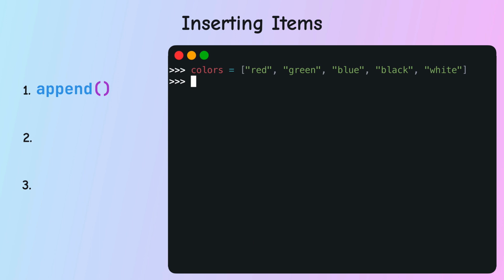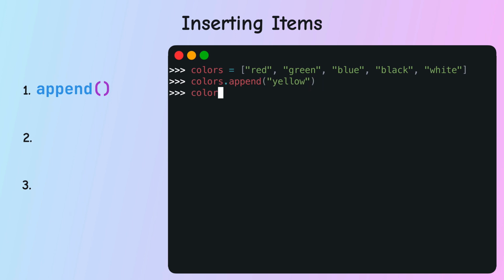In this case, append method is some functionality inside the list structure which helps us to add items to it. To call a method of a structure, we will use the dot notation. Let's add a new color to our list. To do that, we will do colors.append, and inside the parentheses we can give a new element we want to append to the list.